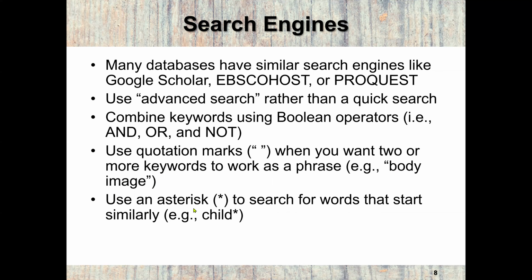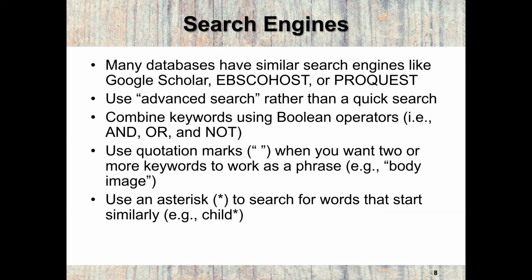Also, we can use an asterisk to search for words that start with something similar. In databases, we use the asterisk. This asterisk means a wildcard. So, for example, if I need any article or something that starts with C, let's say even a name that starts with C, I can just say C asterisk. C asterisk means the only thing fixed is that the first character is C. I can have as many characters as I want.